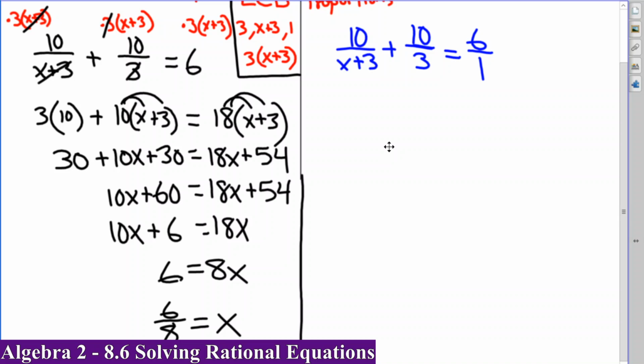I want to get rid of that 10/3, so I'm going to subtract it from both sides. In order to add or subtract fractions, we have to have the same denominator. So we're at this point right here.